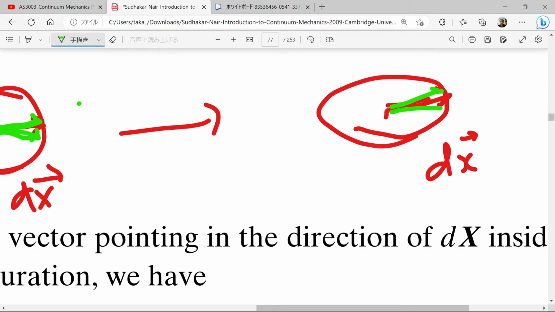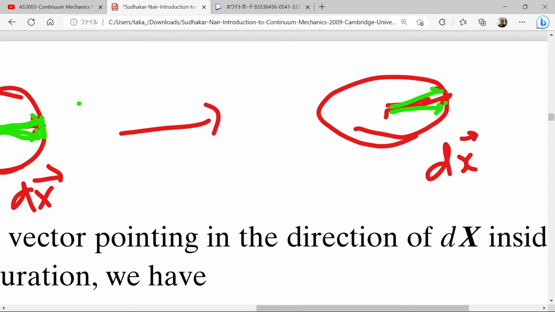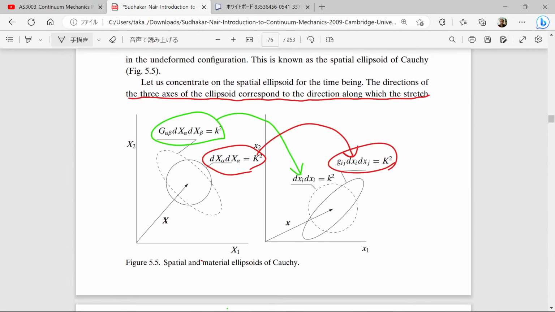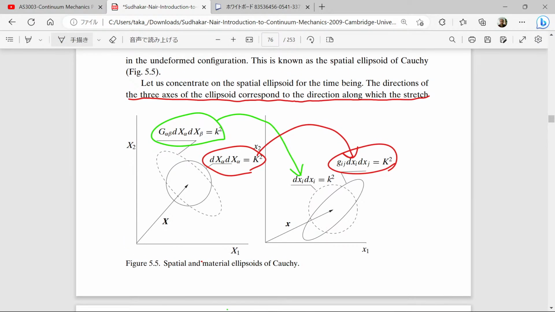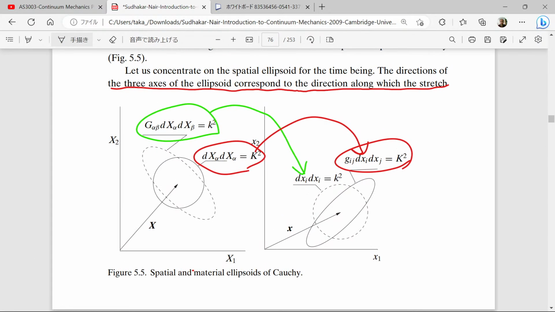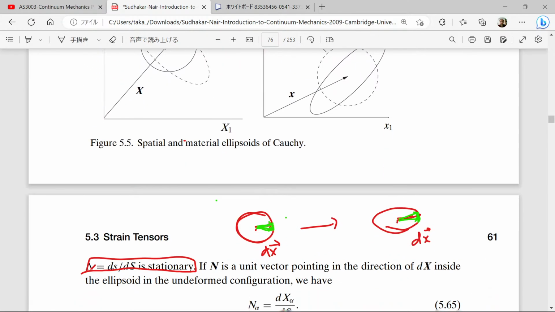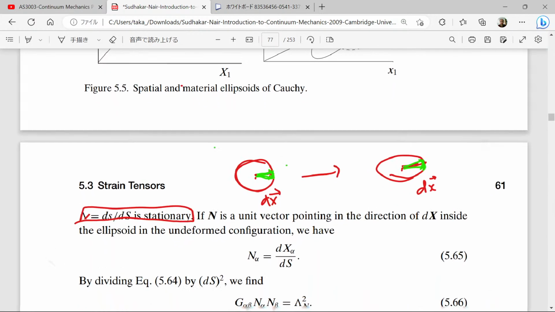So this is called stationary. See, this part is mapped to an almost unmoved part. So this direction is stationary. Yeah. So the three axes of the ellipsoid correspond to the directions along which the stretch is stationary.